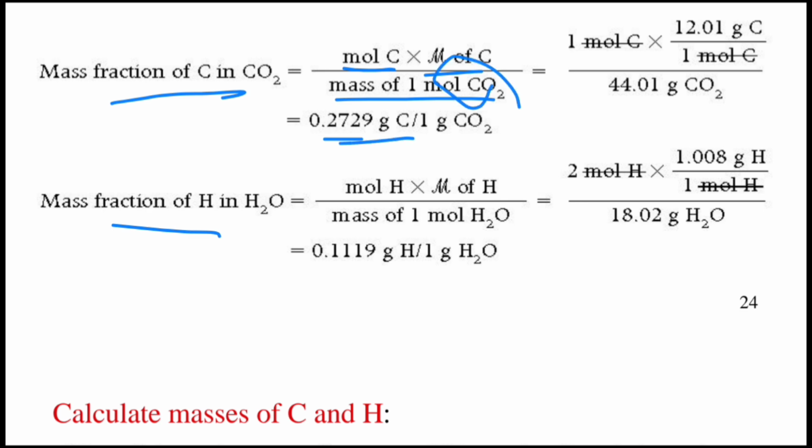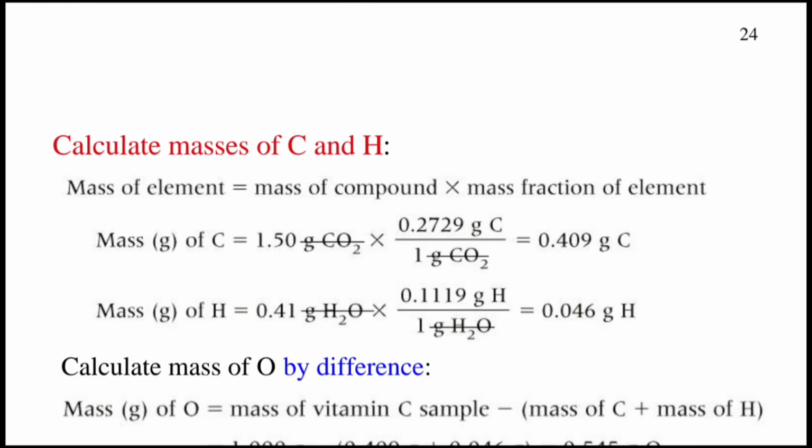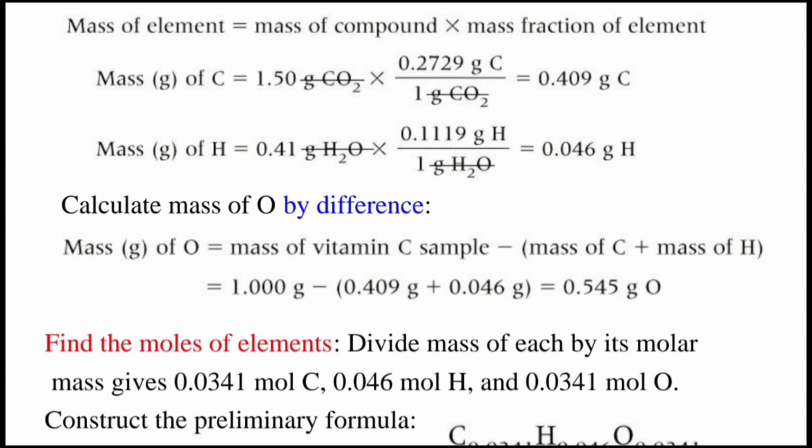For hydrogen we will use H2O. Then we find the mass of carbon, 1.5, and calculate O by difference. I told you earlier as well.